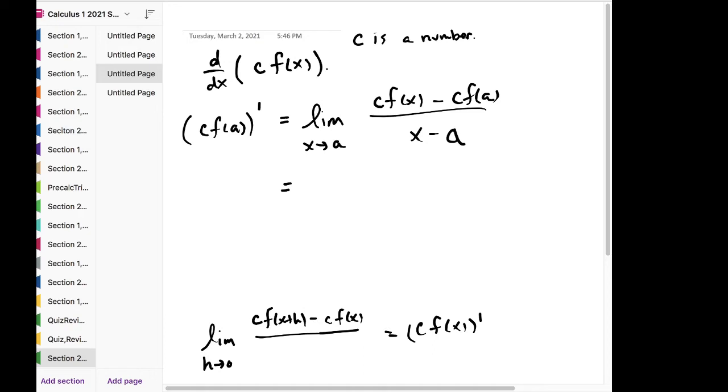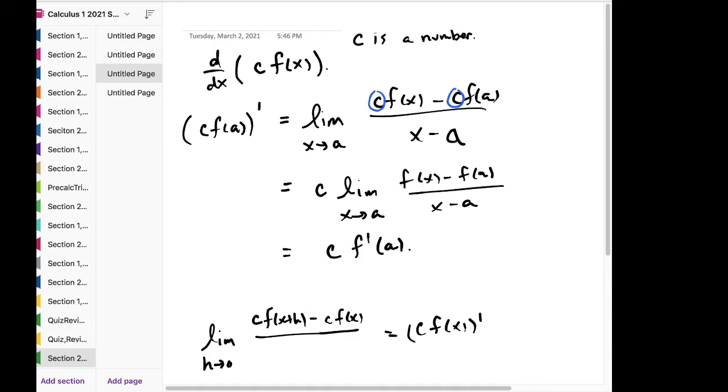Thank you. Yes, you can factor out the c. And why do you want to do that? Because what's left over is just the derivative of f. So the derivative of c times f of x is just c times the derivative of f of x.